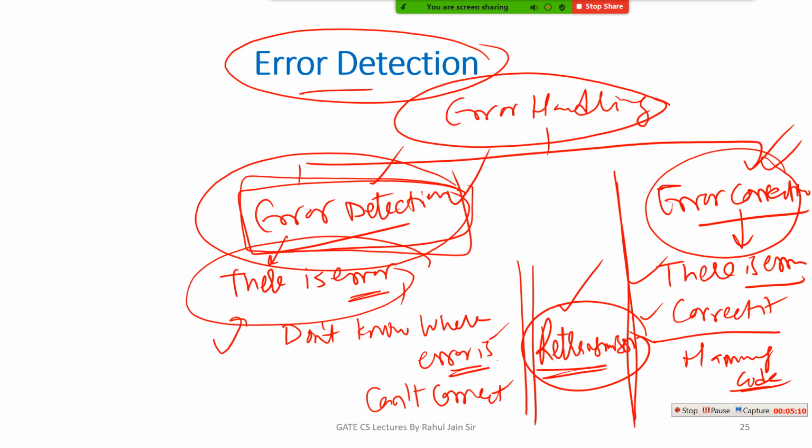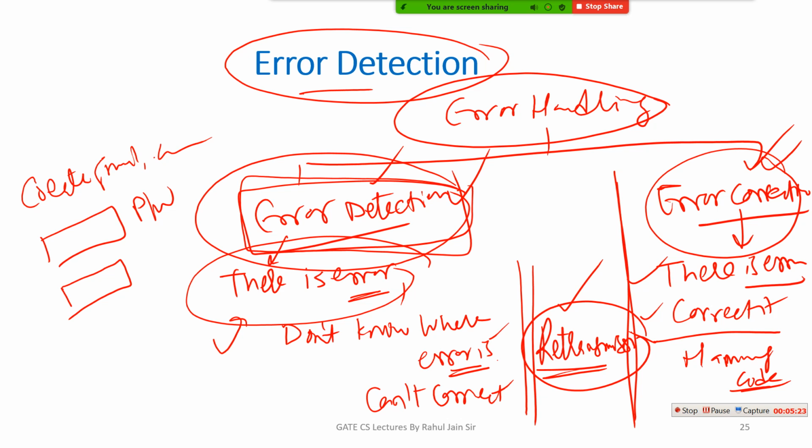You can consider a real example: when you create a Gmail account, they ask for a password, and they also ask for one more password to confirm your password. In the first position, suppose you have typed some password, which will be reflected as dots. They will say please retype it, so that they can confirm that both passwords are matching or not. So you will rewrite that password.